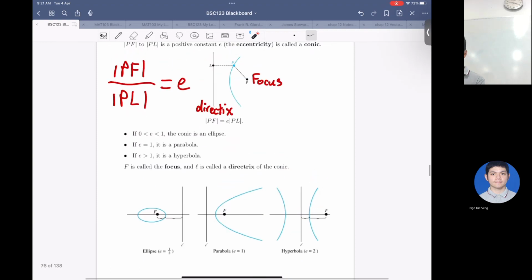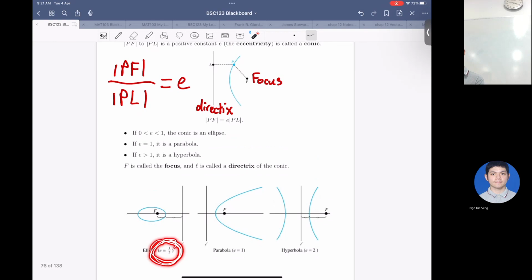So for example, if e is between 0 and 1, you have an ellipse. If e equals 1, it's equal distance, so you get a parabola. And if e is greater than 1, then you get a hyperbola. So that's all. Nothing special yet.